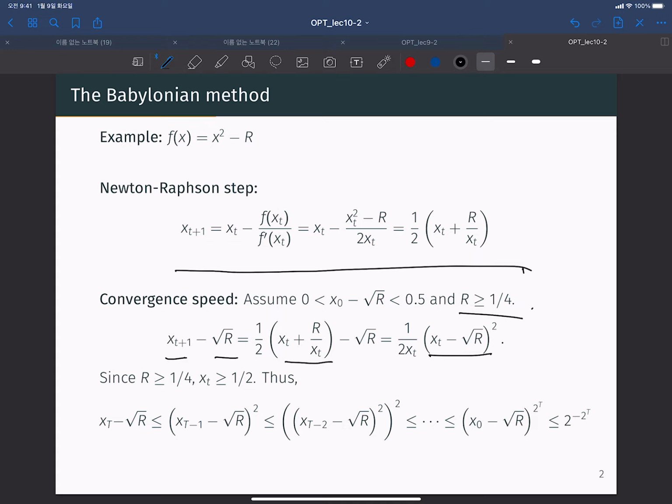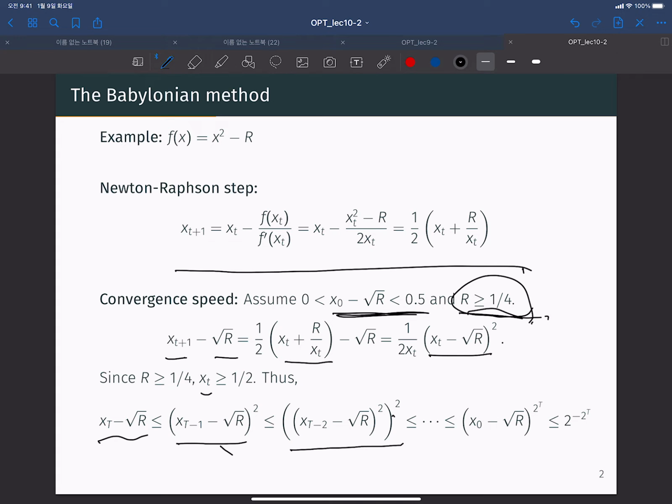And since we assume that r is greater than or equal to 1 over 4 and x_t is greater than or equal to 1 over 2 because of this condition, and this condition as well, so |x_T minus square root r| is less than or equal to |x_{t-1} minus square root r| squared.